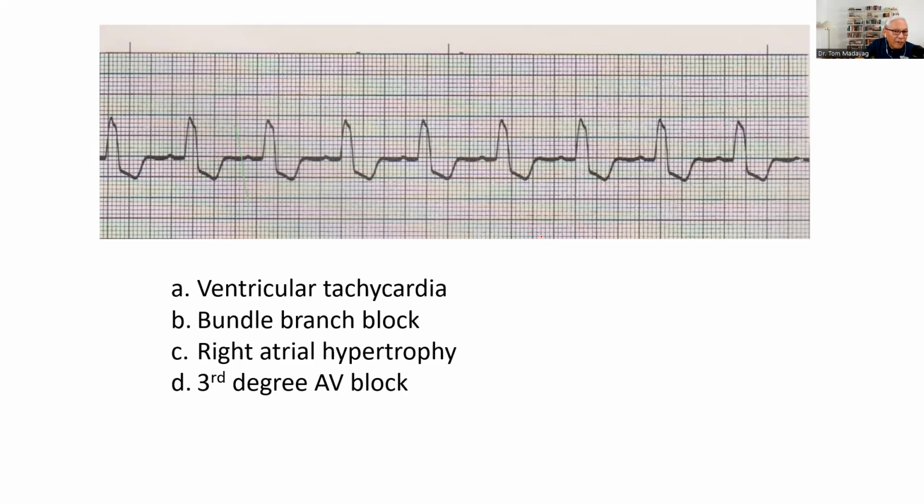We can identify which bundle branch block it is by looking at lead V1. In the absence of lead V1, you should not claim that it is a left or a right bundle branch block. Okay? And we're going to cover that in our discussion of 12-lead ECG, and that will be next week.